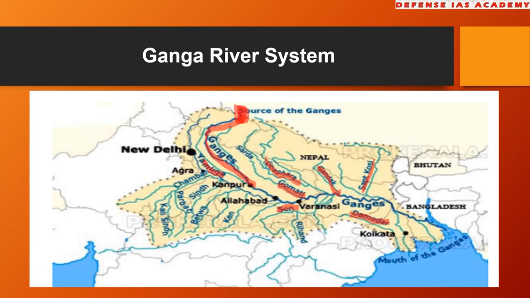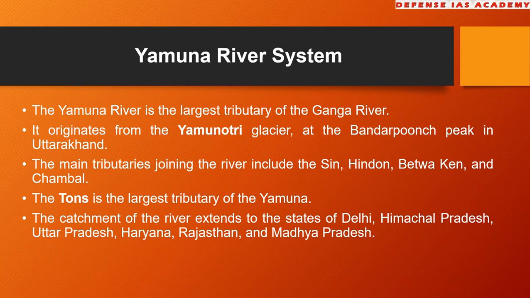Tributaries means the streams of water that are flowing into the main river. So these are the major tributaries of the Ganga river system, and finally it falls off to the Bay of Bengal. Its drainage is Bay of Bengal after traveling a distance of mostly 2525 kilometer.